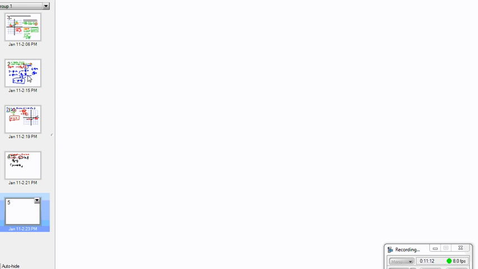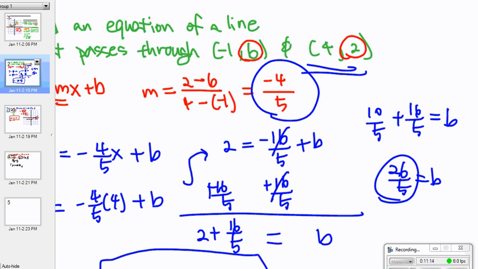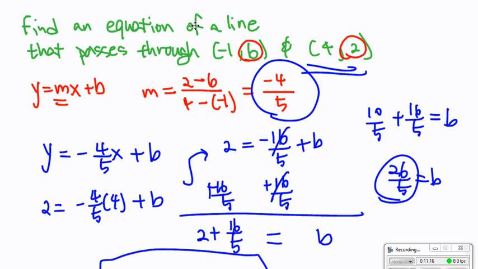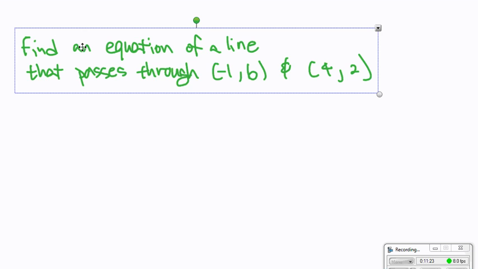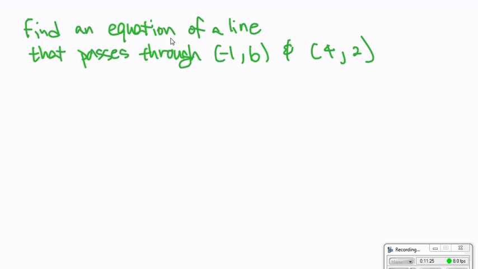What if we copy the question that we have done earlier? For example, this one. So I'm going to copy this question. As we talked about earlier, what is the slope?